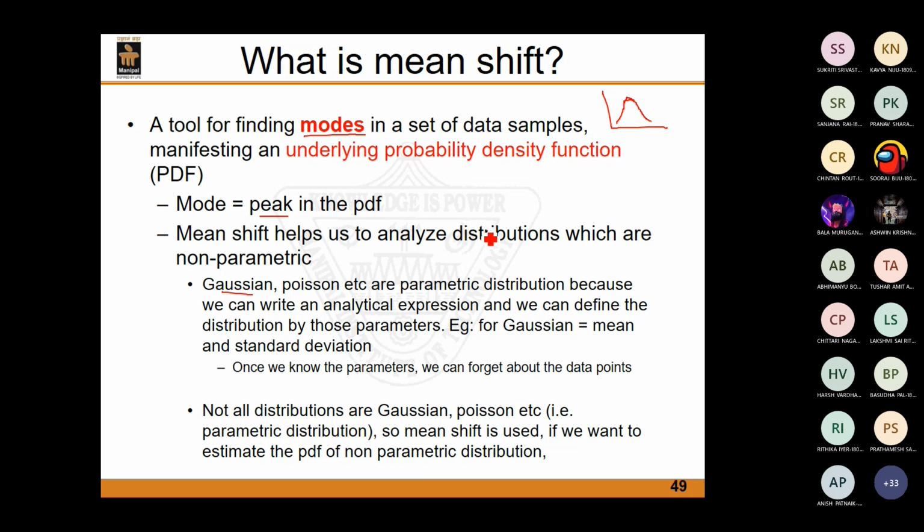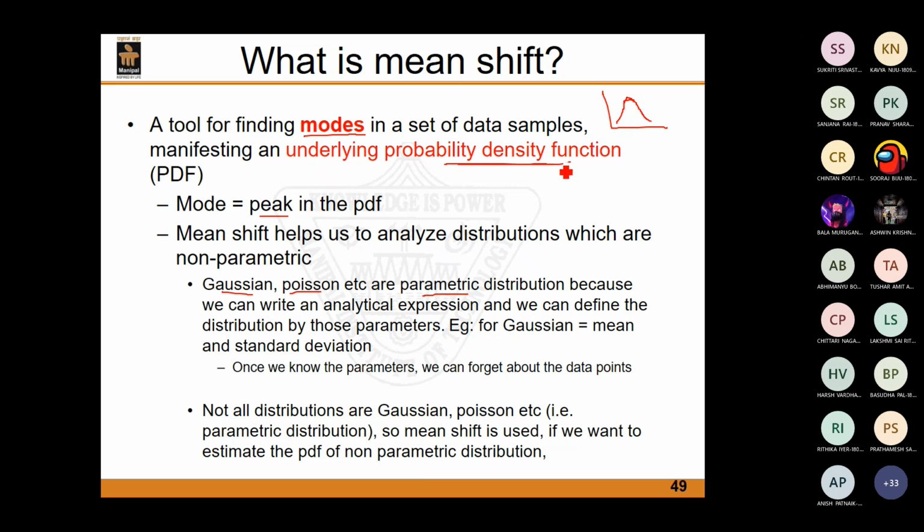Now, when you're talking about probability density functions, some examples are the Gaussian distribution, the Poisson distribution, or the Rayleigh distribution, and so on. One specific thing about these distributions is that they are parametric distributions, meaning they have certain parameters to describe that particular PDF.